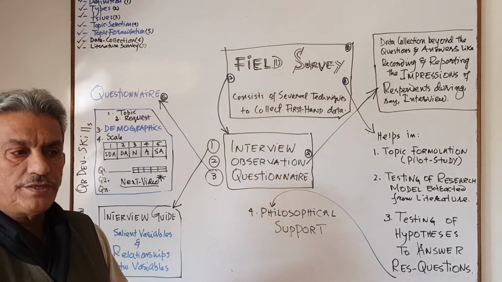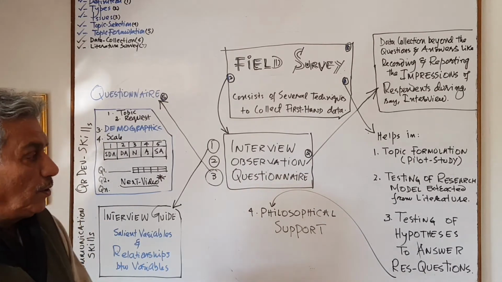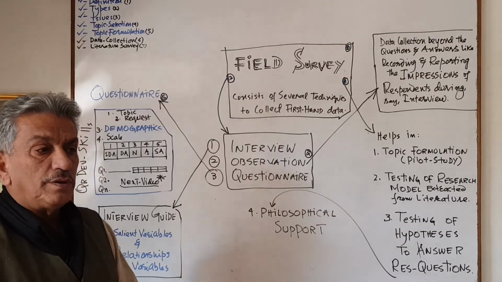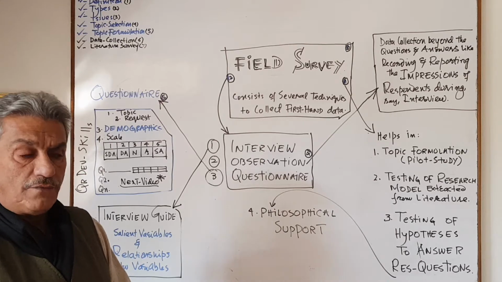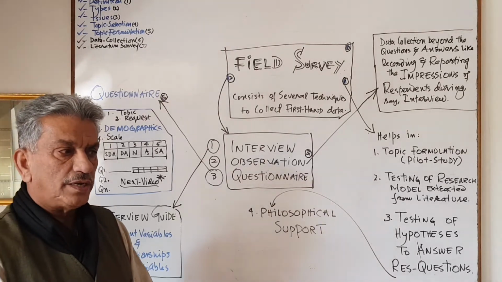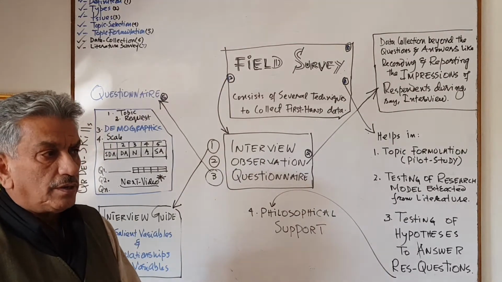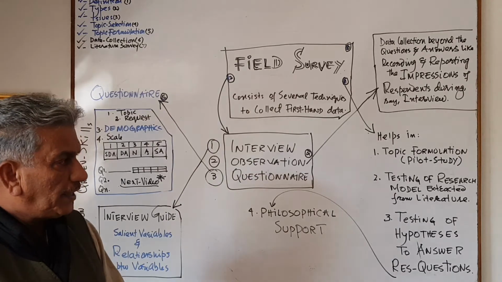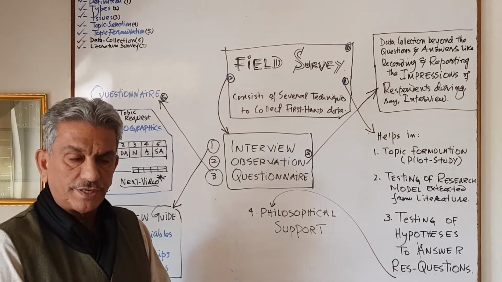As we have already discussed, when we are selecting and formulating the topic, we base most of our efforts on literature review. But if we find that the existing literature is not enough to help the researcher in completing the research project, then a pilot study or mini field study is conducted.